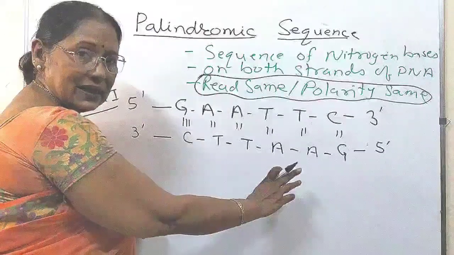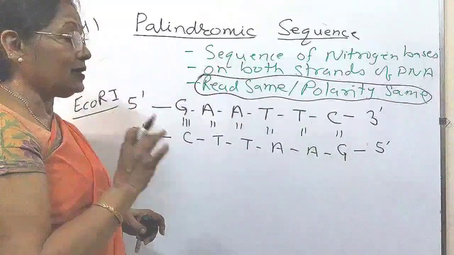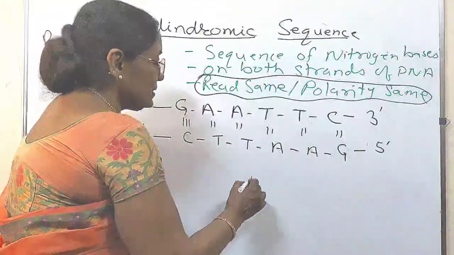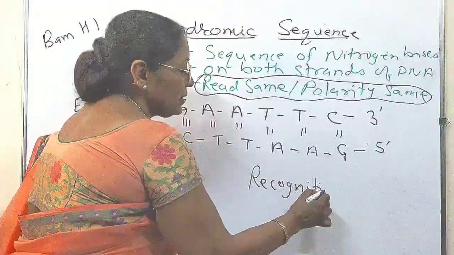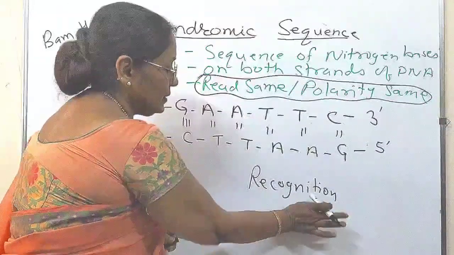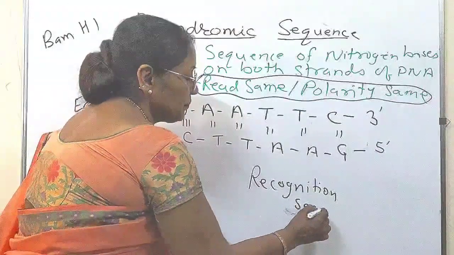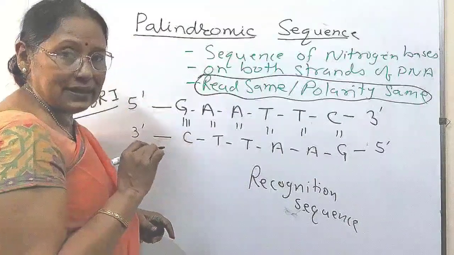Now this palindromic sequence is also called recognition sequence. Who is recognizing it? The restriction enzymes.